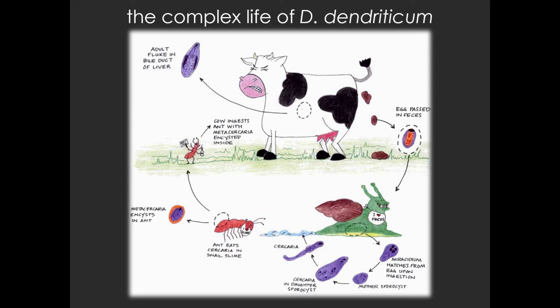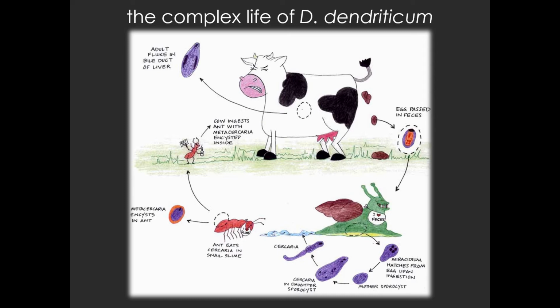So cow eats grass. In that grass, there is this metacercaria, which moves into the cow's digestive tract, into the liver, and then it undergoes these transformations, sexually reproduces within the cow, and then releases eggs into the bile duct, which move into the gastrointestinal tract and are ultimately passed in the stool, which is consumed by the snail.